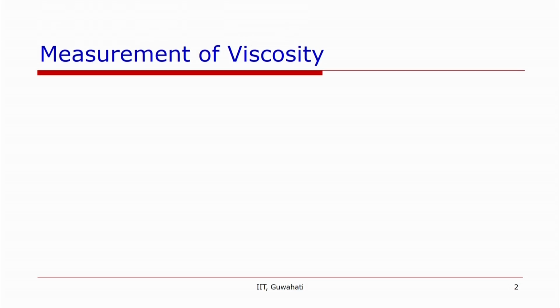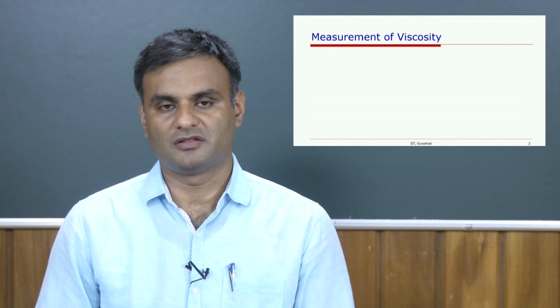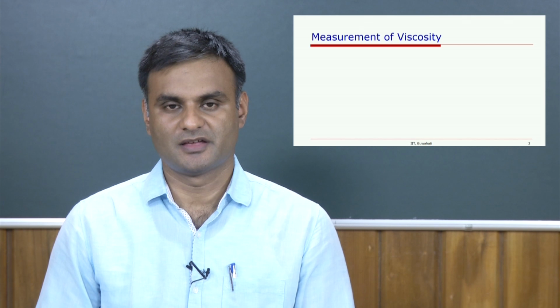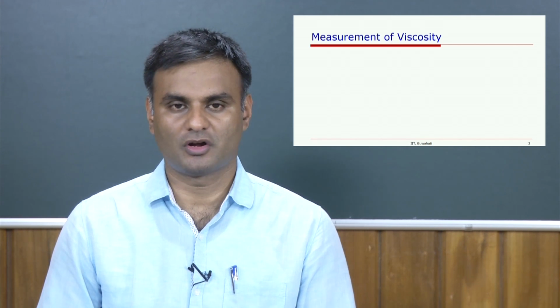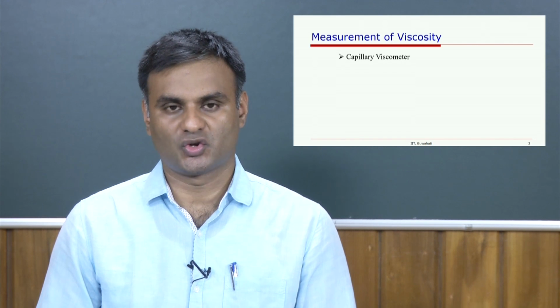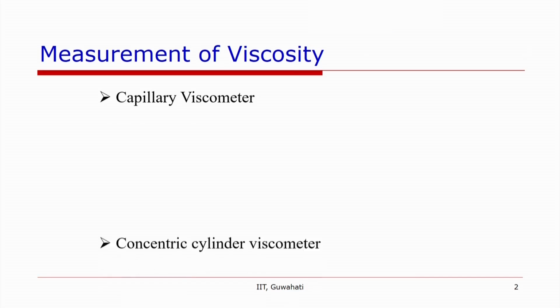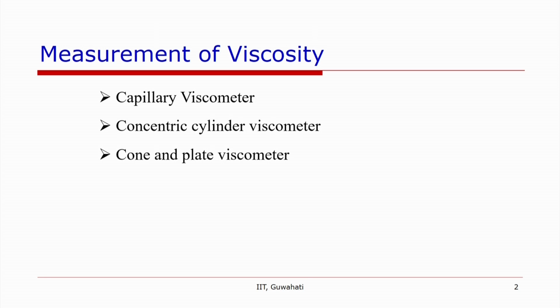So for the measurement of viscosity or apparent viscosity, we will discuss three different viscometers or rheometers: capillary viscometer, concentric cylinder viscometer, and cone and plate viscometer.